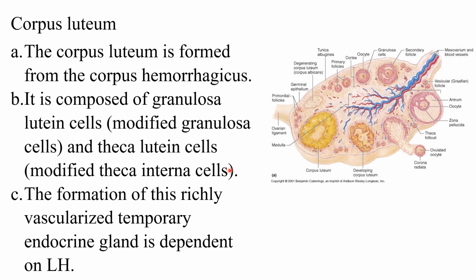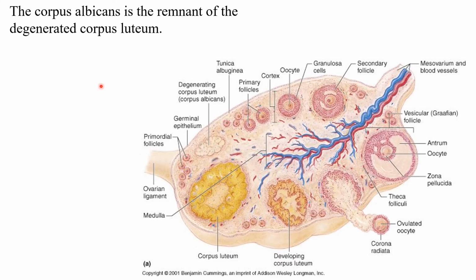The formation of this richly vascularized temporary endocrine gland is dependent on luteinizing hormone secreted by the anterior pituitary or adenohypophysis. The function of corpus luteum is to secrete a hormone called progesterone, which is also considered as the pregnancy hormone.